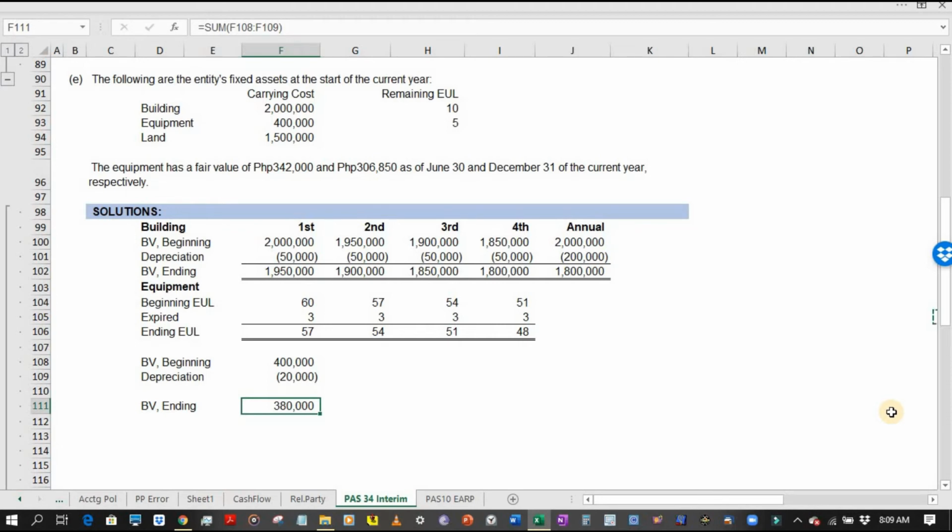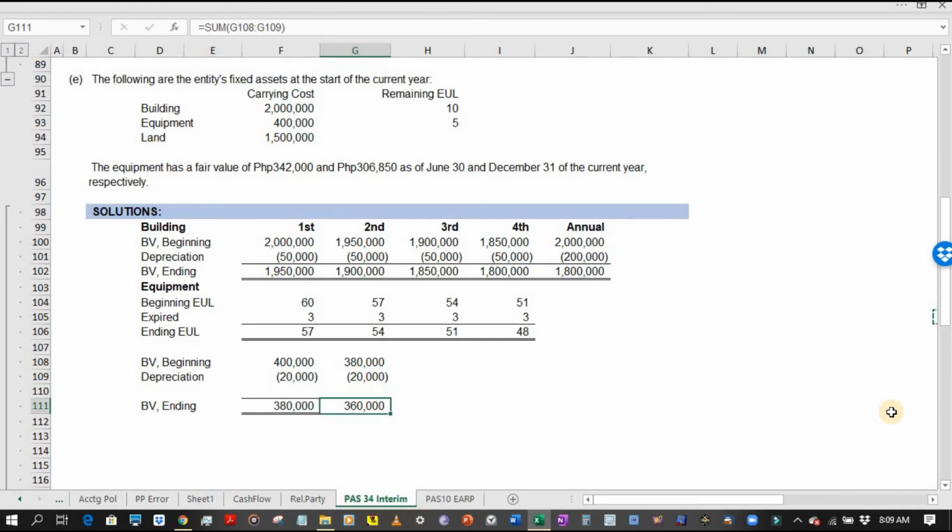Then this will be the beginning balance for the book value in the second quarter. Then the depreciation expense is the same at 20,000 pesos. So that is 380,000 divided by 57 times 3 months. And the ending book value of the equipment for the second quarter is 360,000 pesos.